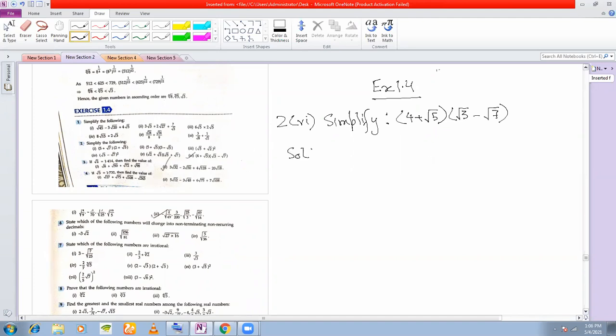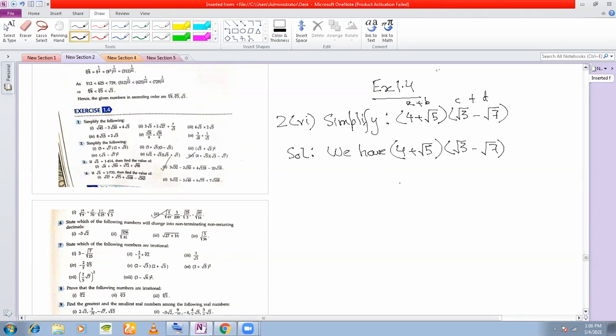So solution, how to solve this? How to simplify this? This is exactly as in algebra we do. So we have 4 plus root 5 into root 3 minus root 7. So exactly as in algebra, we multiply a plus b into c plus d, or c minus d, whatever.